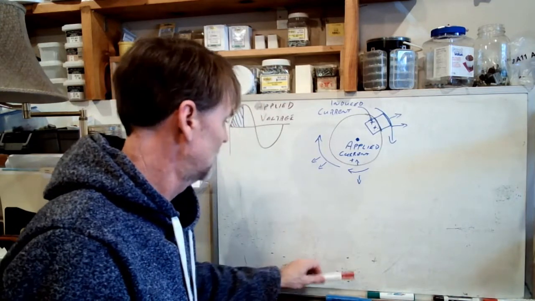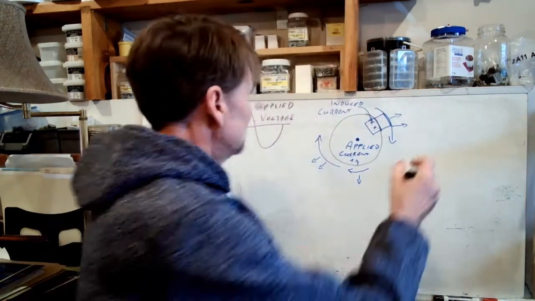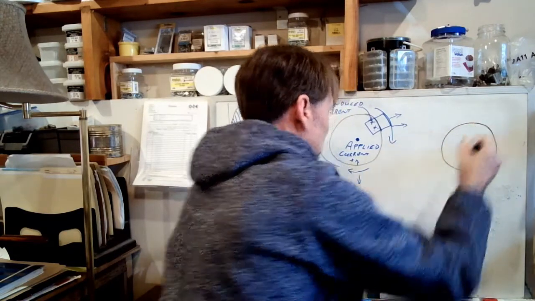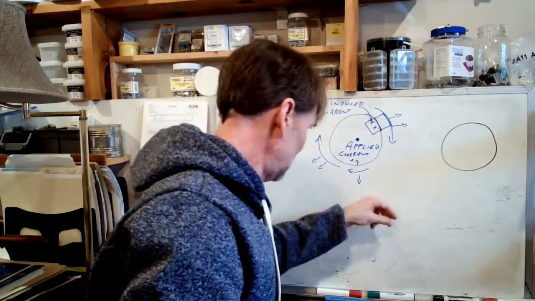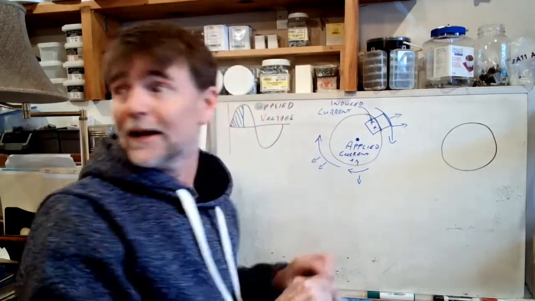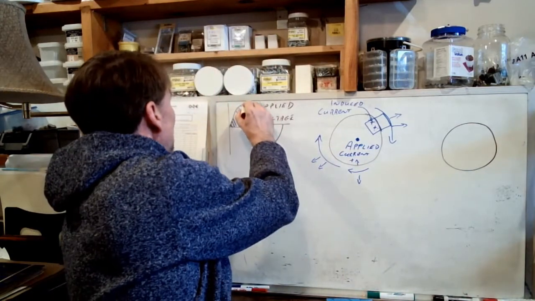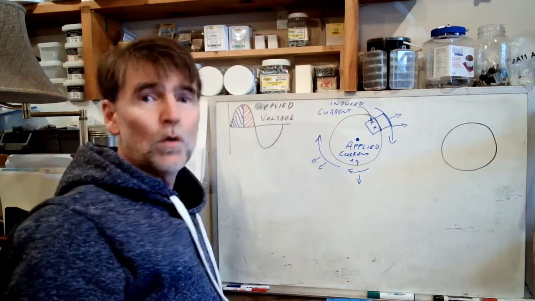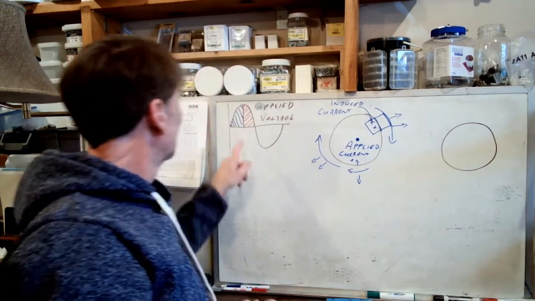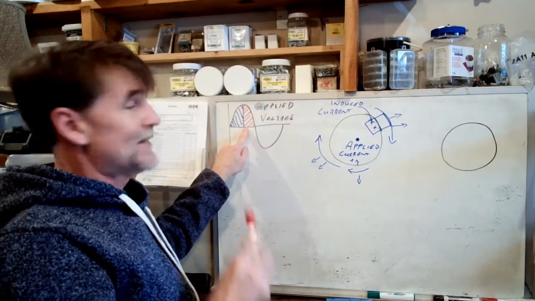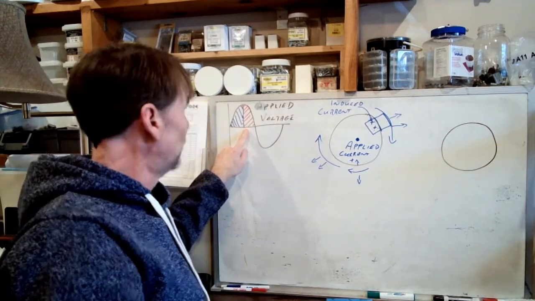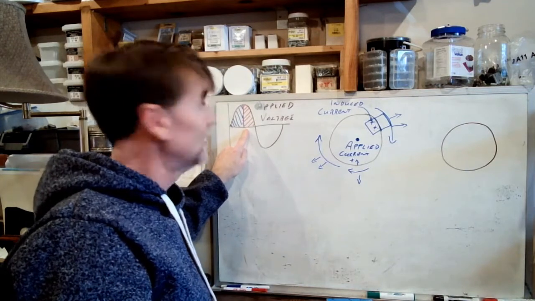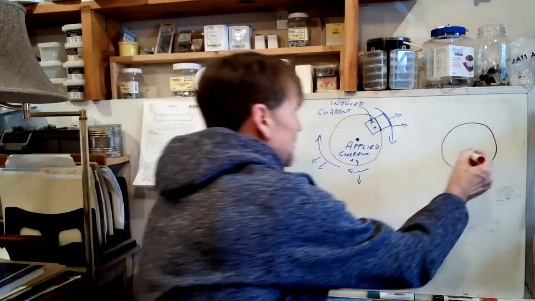What happens next? Let's draw another conductor right here. Grab a different color. Had some red here a moment ago. Okay, let's look at this second quarter, it's still a positive voltage, which means the applied current is still going to be in the same direction.